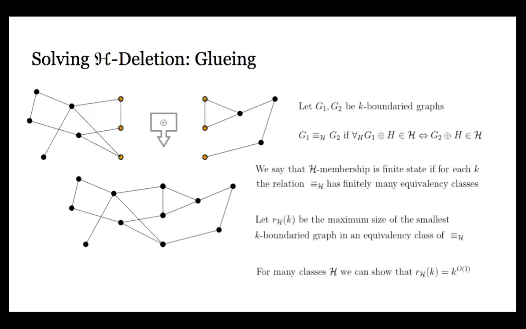So if the H membership is finite state, we can define the following function R of k, which is the maximum size of the smallest k-boundaried graph in any equivalence class of this relation. In other words, any k-boundaried graph should be equivalent with respect to this relation to some graph on at most R of k vertices.